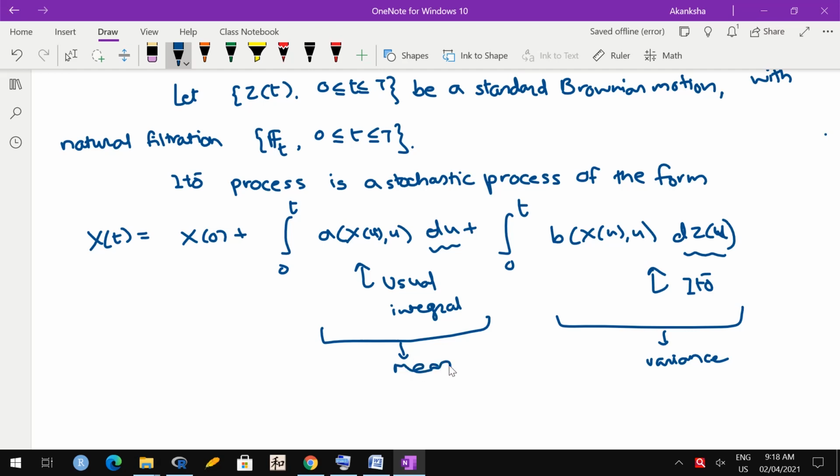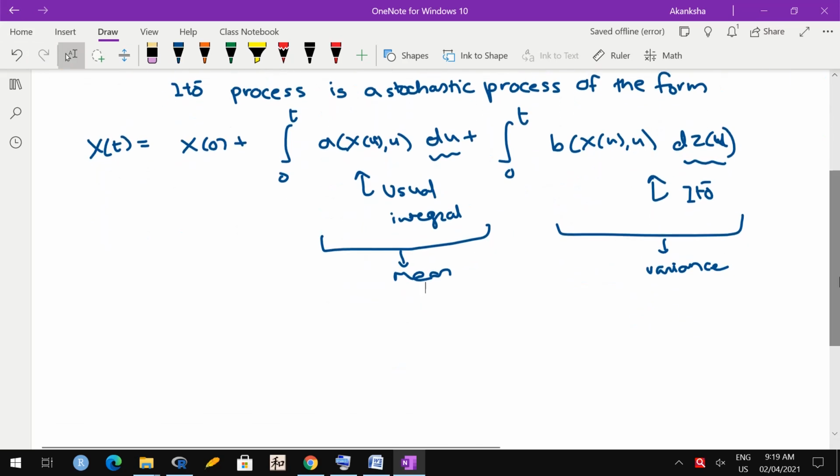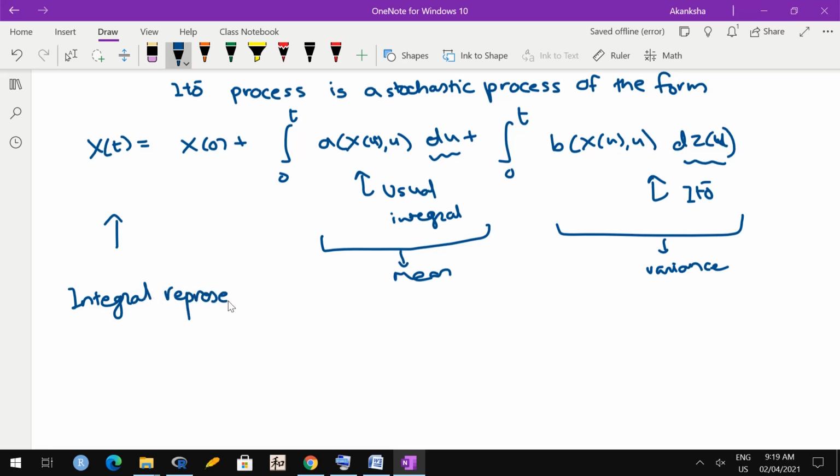That's why a and b have names called drift parameter and variance parameter. Let me first write the differential form and then we'll write down these names. This is known as the integral representation of the Ito process. Whatever we wrote here is known as the integral representation of the Ito process.